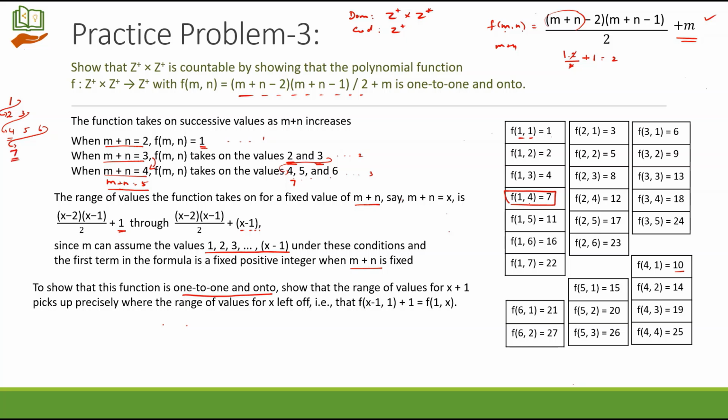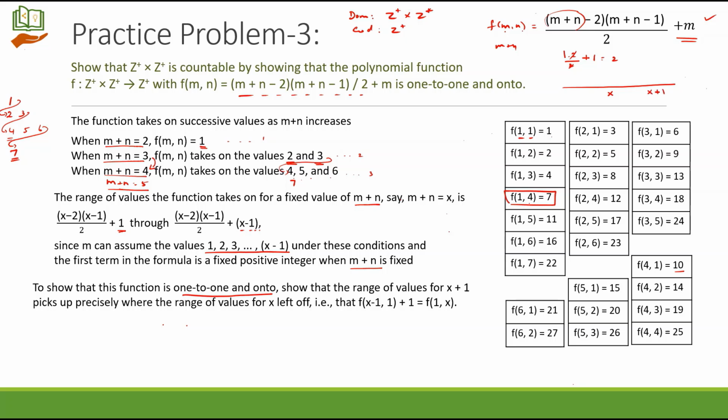Here they are saying, in order to prove that this function is one-to-one and onto, we have to show that the range of values for x plus 1 picks up precisely where the range of values for x left off. So if you have a scale here, this is going to be x and this is going to be x plus 1.